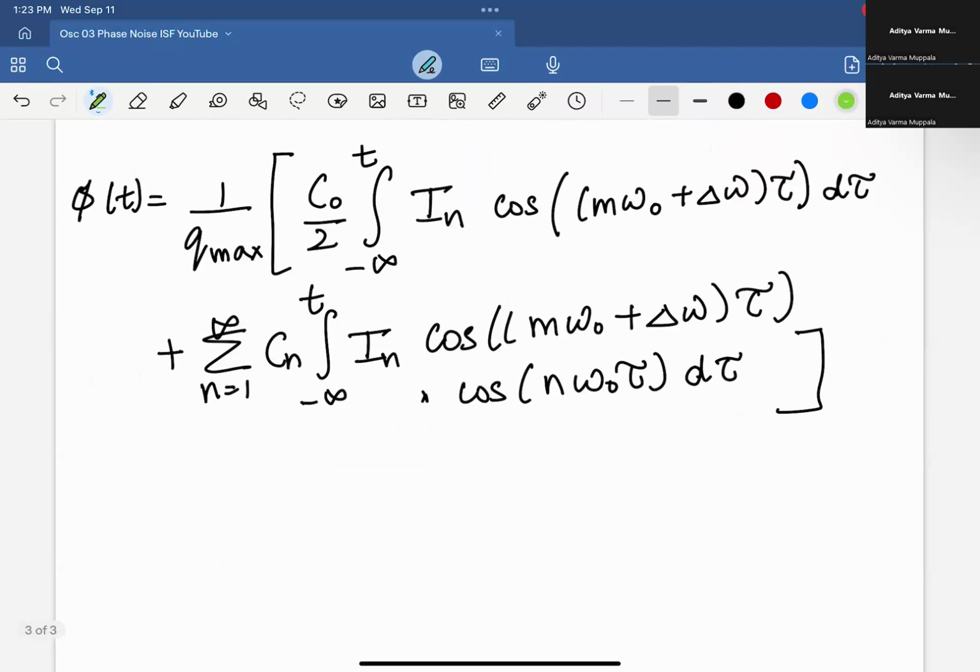Okay, so now we basically have three terms here. We have this term, and then the product of two terms. So just two terms really.